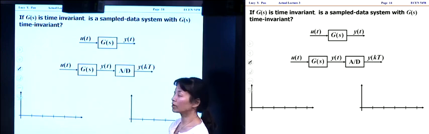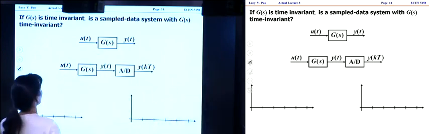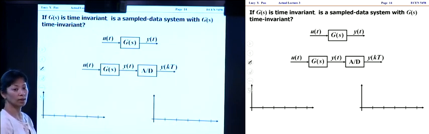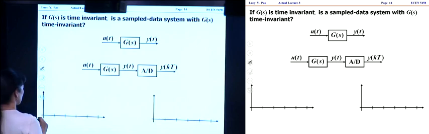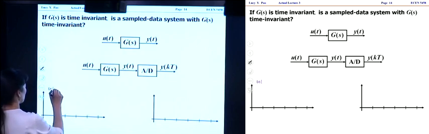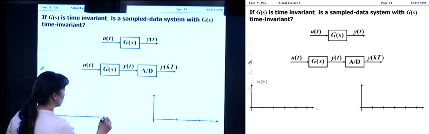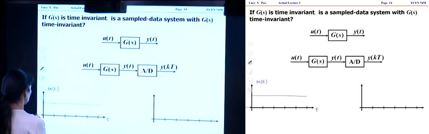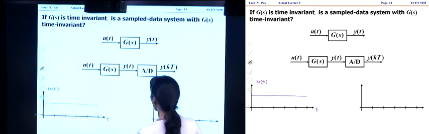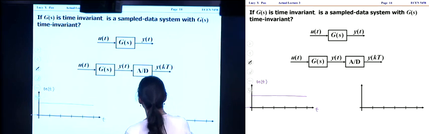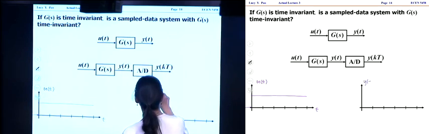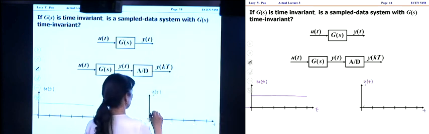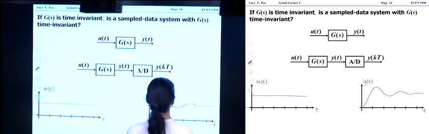So what does time invariance mean? Let's say this is U of t, and let's say you just have a step function. So U of t looks like that. And let's say Y of t then is the response, the step response of some system. Let's say it's a pretty typical step response, might look like that.